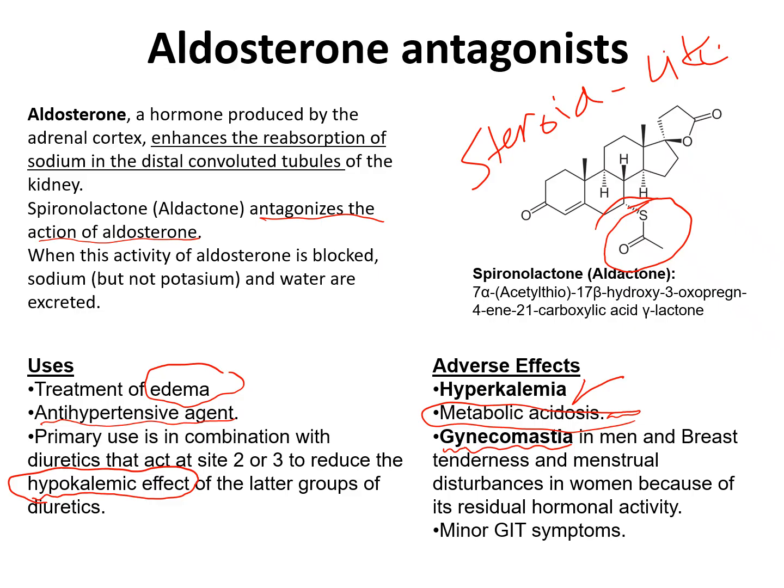Gynecomastia in men caused by this medication is important to know about. Why does that happen? Because the structure is steroid-like, yes? Because it has a steroid-like structure, it does have a residual hormonal activity, specifically residual endocrine hormonal activity. And so it's a side effect because of the steroid-like structure. That steroid-like structure could bind to endocrine receptors and interfere with other hormones.